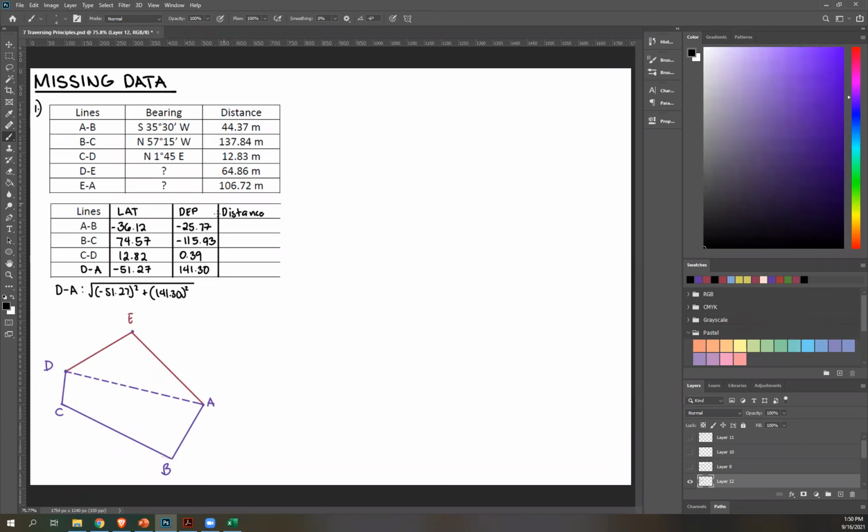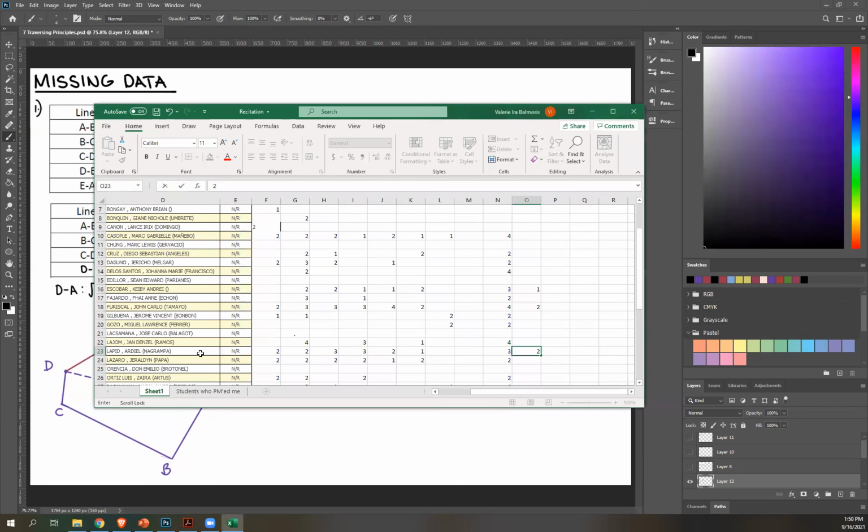Again, you're going to use the stored value of everything. Correct, Geraldine. Again, use the stored value of this. So only Geraldine got it.